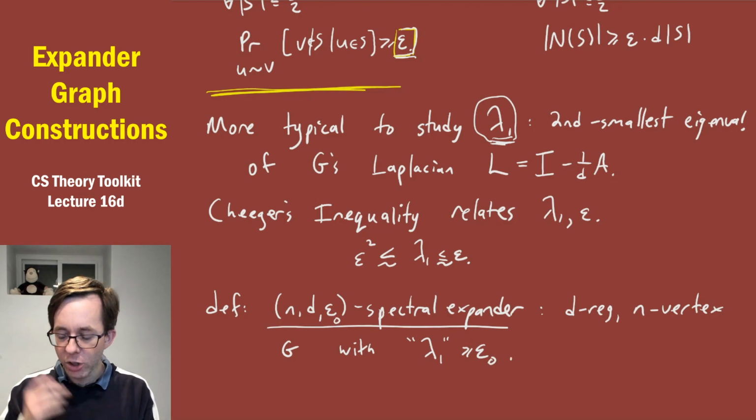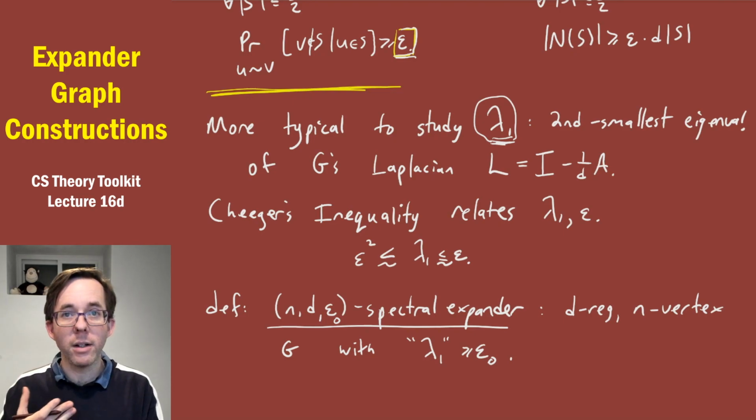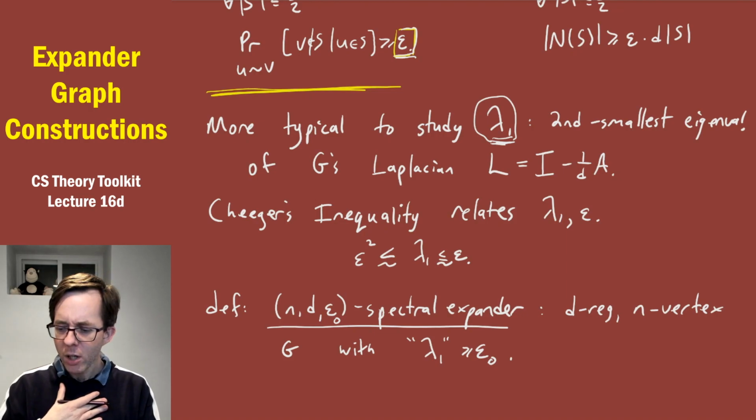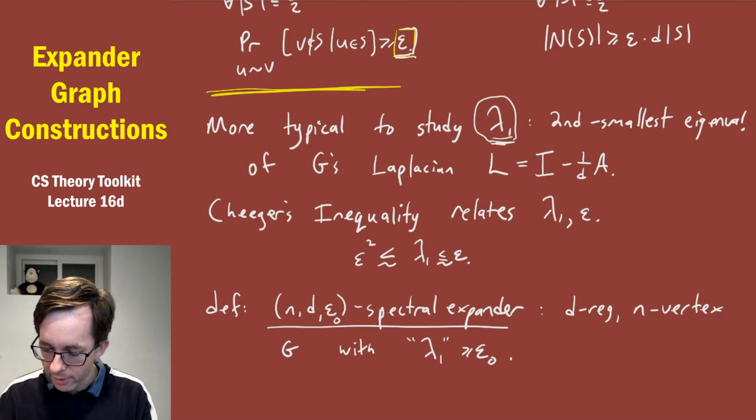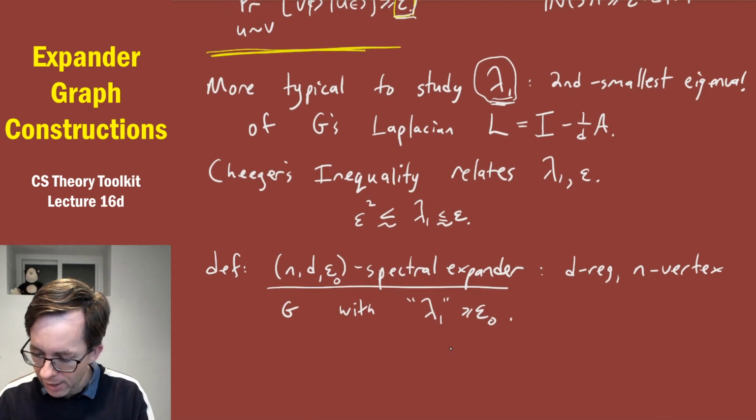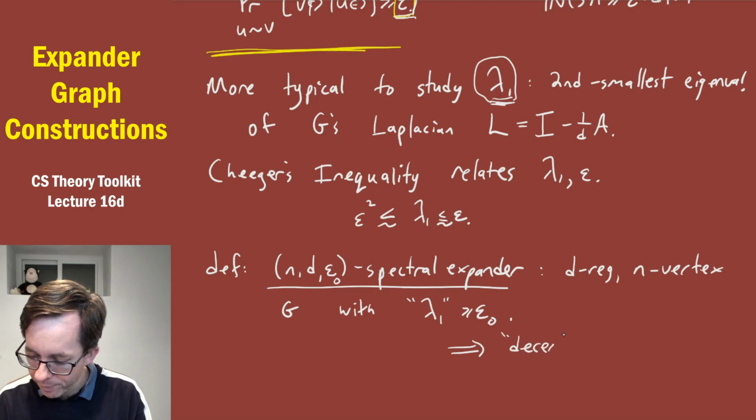Okay, and if you have such a spectral expander, then by the easy side of Cheeger's inequality, it's even a good edge expander. You can also show, and this is not too hard, that if you have a good spectral expander, it implies you have pretty decent, let me put that in quotes, vertex expansion as well.